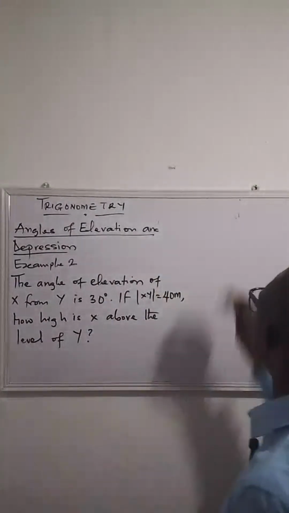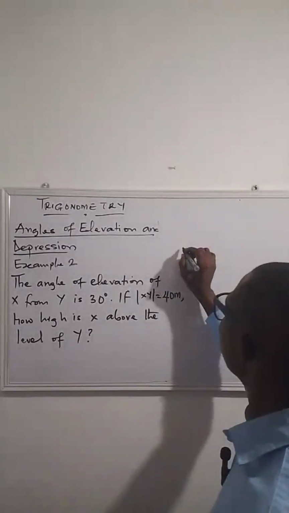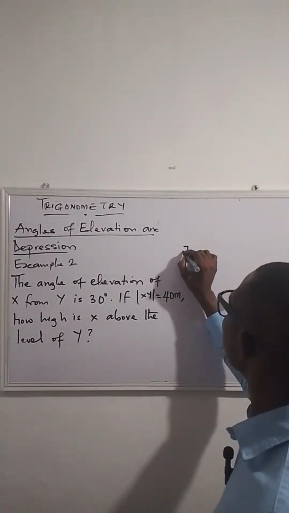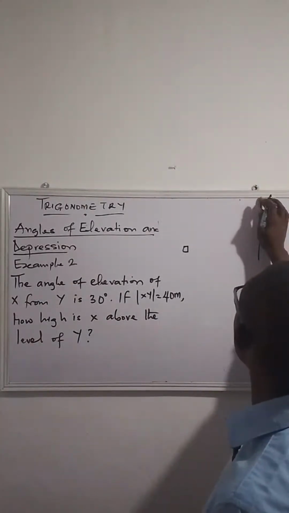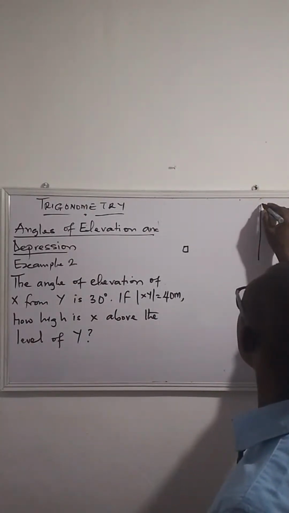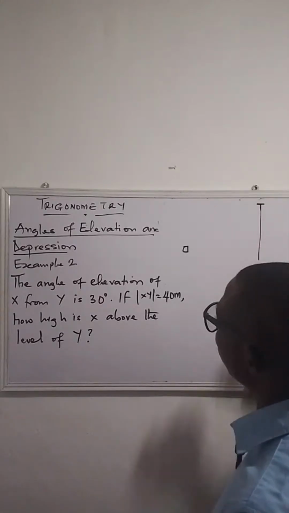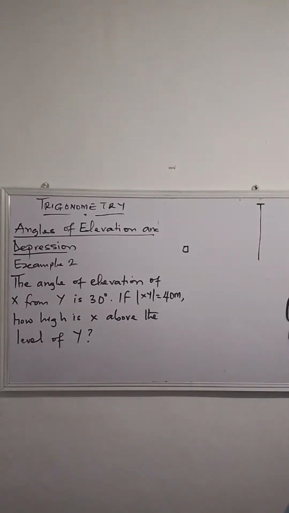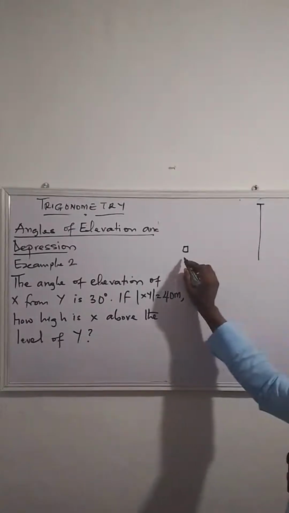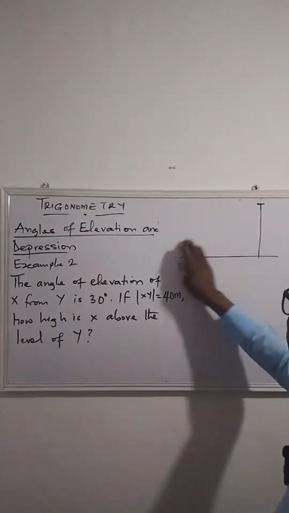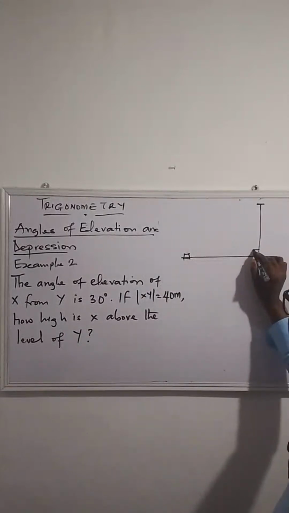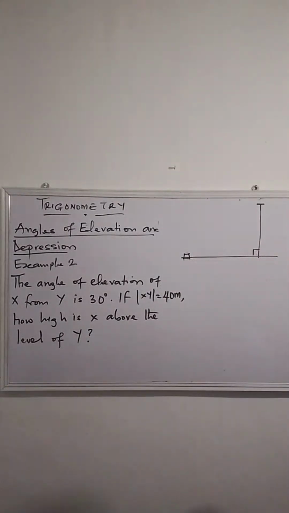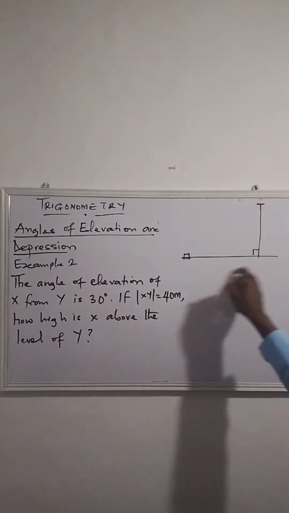So now let's see. This is the observer here, and let's say we have a pole here, which is at the same level as the observer. The pole is always at right angle to the horizontal.